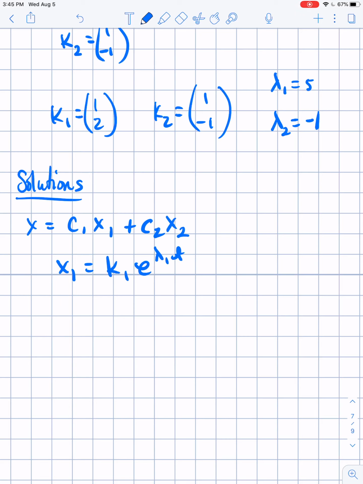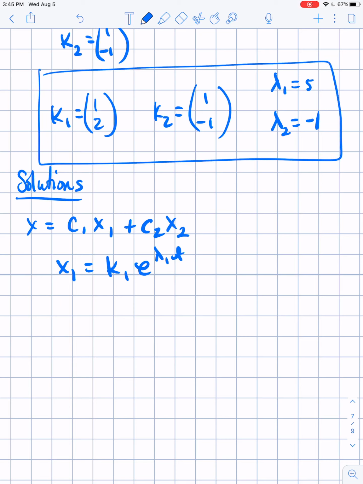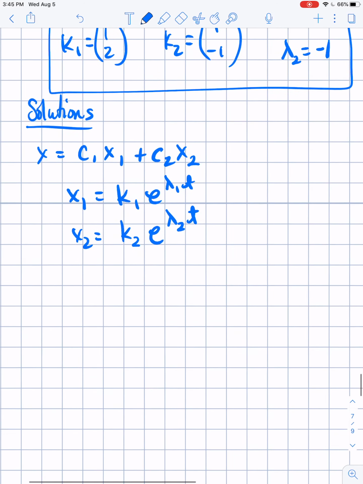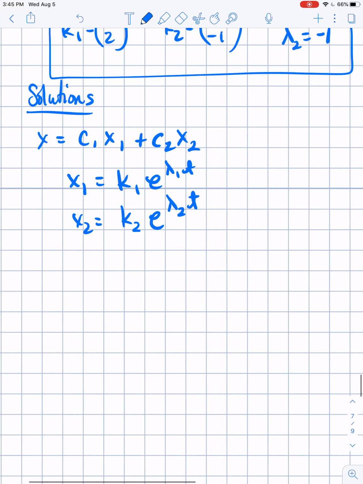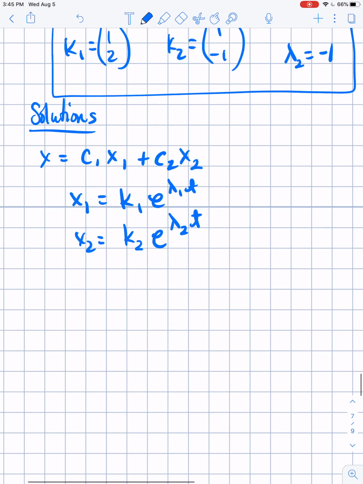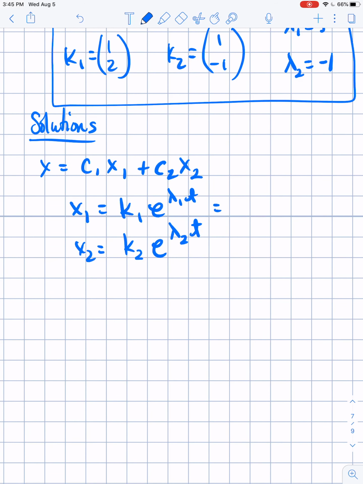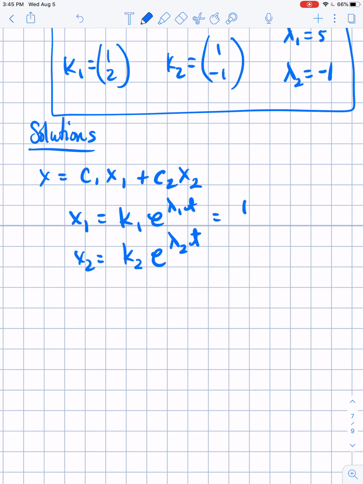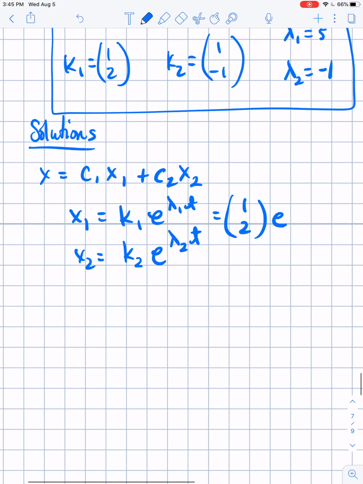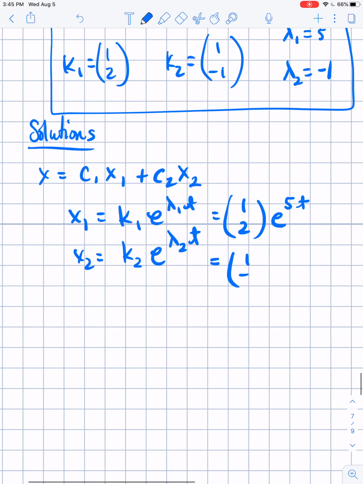Those are our goals, because once we get there, then we could use this. X sub 2 is going to be e to the lambda 2 times t. So in the first one, x sub 1 will just equal 1, 2, e to the 5t, and x sub 2 is going to be 1, negative 1, e to the negative t.